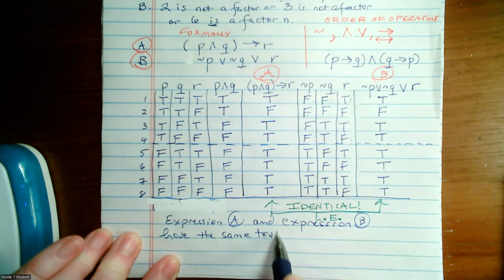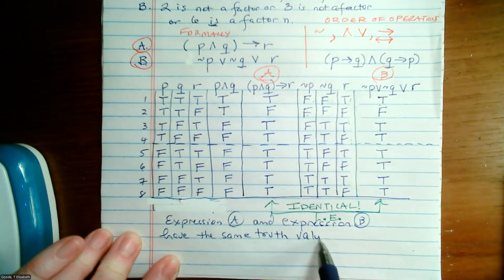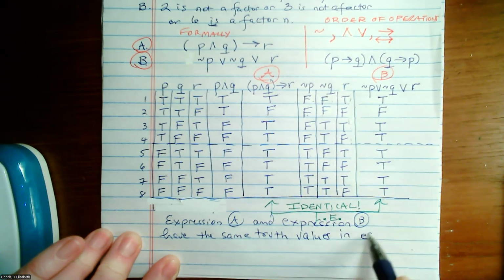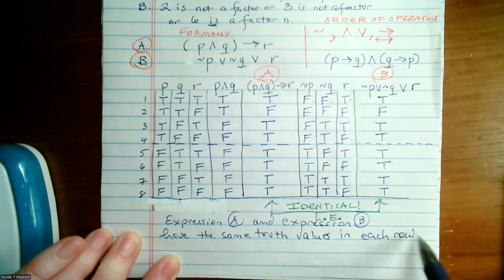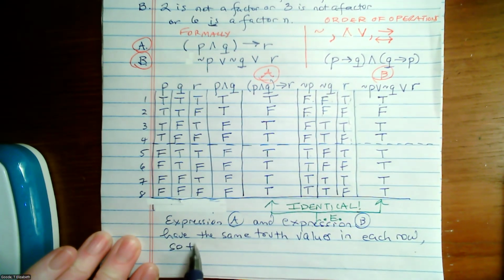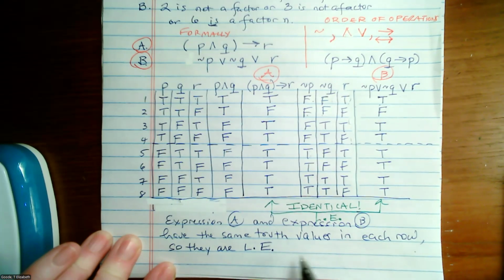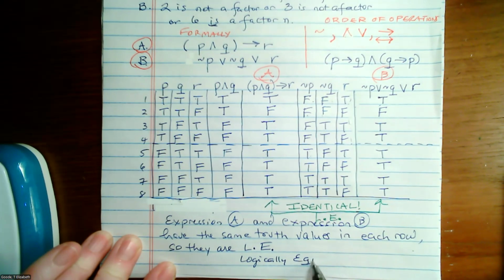And I'm going to add just a little phrase. They have the same truth values in each row. So they are logically equivalent. I'll just write it out for the purpose of the notes, but you don't have to if you don't want to.